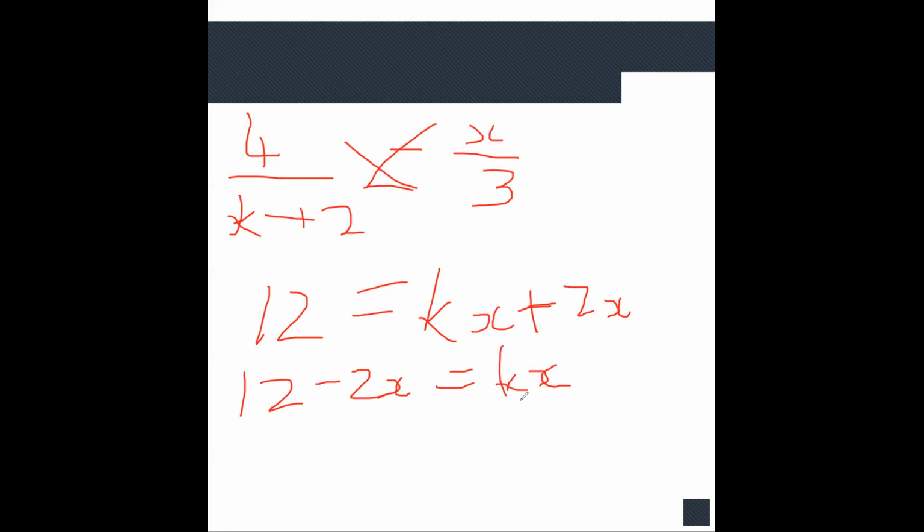Now what? Divide both sides by x. Okay. 12 over x minus 2 is equal to k. Now what? I'm stuck, sir.